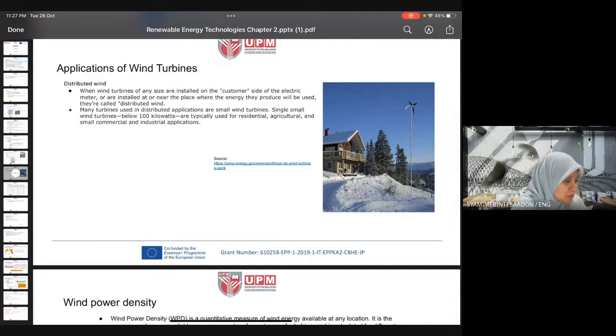Distributed wind: when wind turbines of any size are installed on the customer side of the electric meter, or at or near the place where the energy they produce will be used, they are called distributed wind.